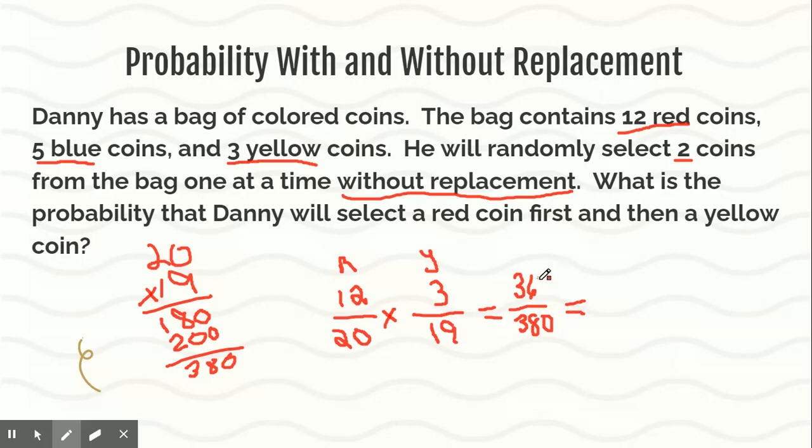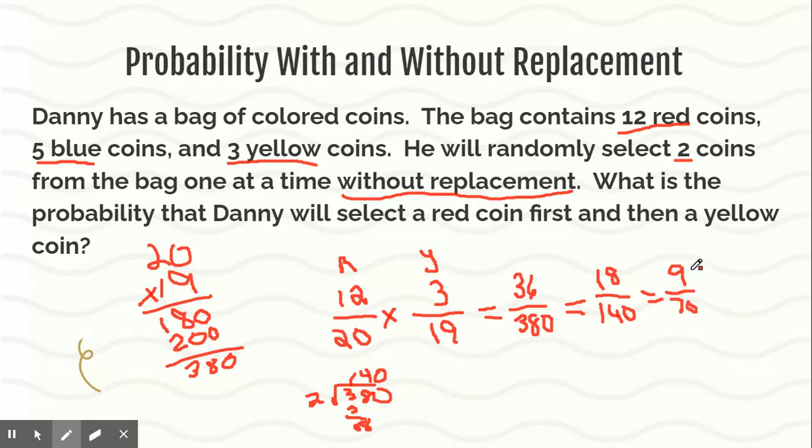I know it can reduce by 2. 36 divided by 2 is 18. 380 divided by 2: 2 goes into 3 once, 2 goes into 8 4 times, and then we have the 0. So that'd be 190. So I can do it by 2 again. 18 divided by 2 is 9, and 190 divided by 2 is 95.